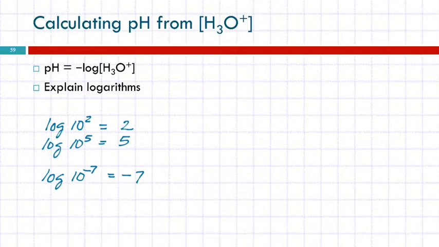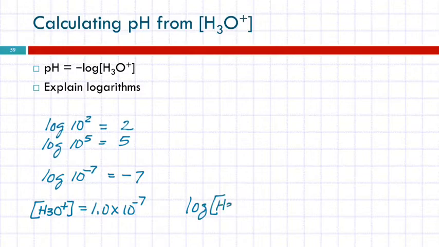So the concentration of hydronium ion in a neutral solution is 1 times 10 to the minus 7. So if I took the log of that, that would be equal to -7. But negative numbers get kind of confusing. They're kind of messy, right? So we're making the scale into a positive scale.